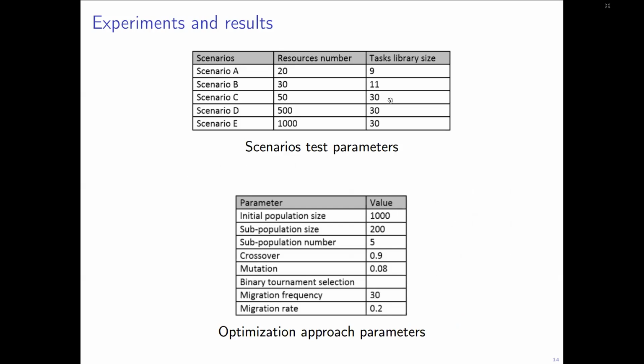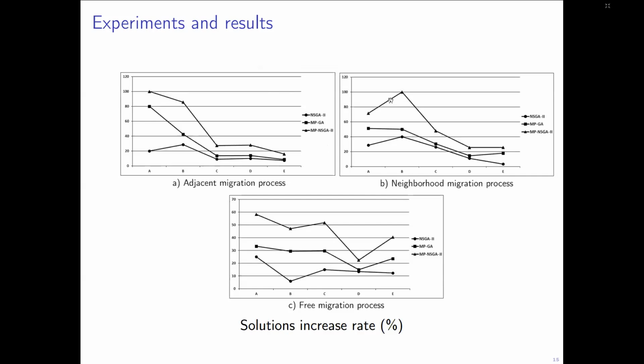Excuse me, I should have reversed the two columns, the resource number and the task number size. And for the parameters of the approach, we use, as you can see, the values obtained in the previous experiments. For the purpose of the comparison, we conducted experiments on 2 axes with 100 iterations each.